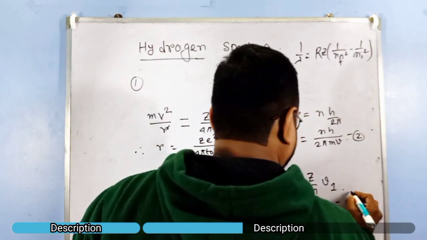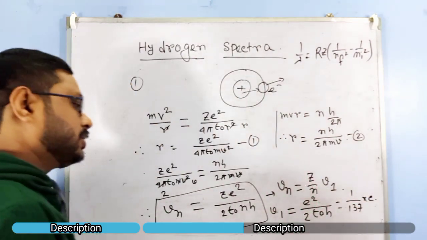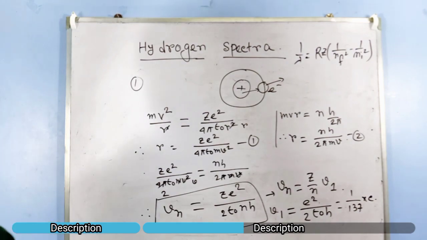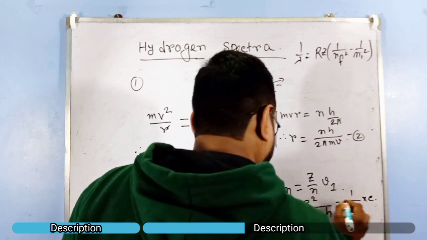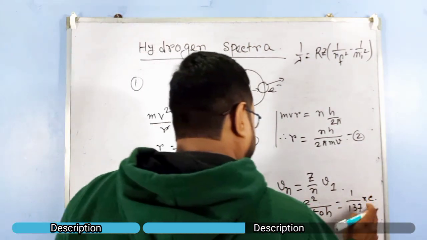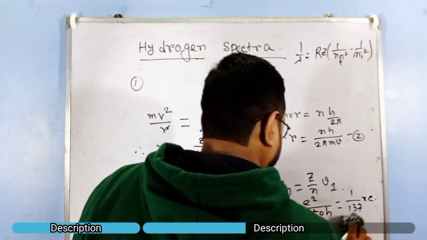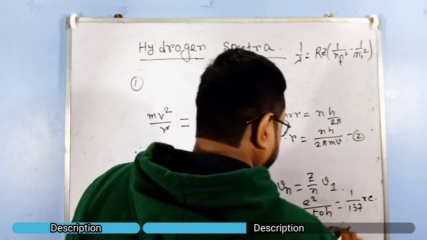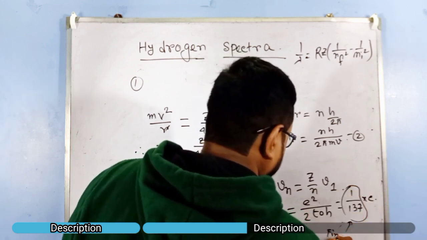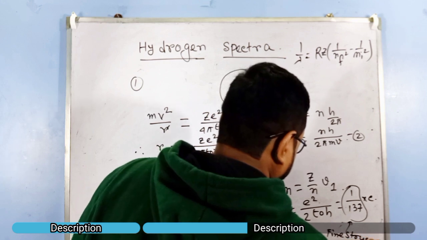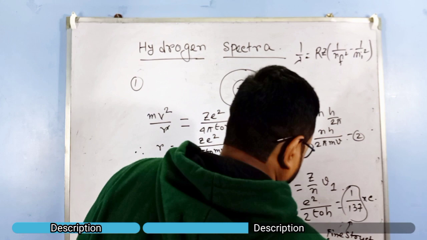It is written as 1 by 137 of c, that is 1 by 137 times the velocity of light. That is, V1 is alpha times c, and alpha is 1 by 137. This figure is called the fine structure constant of the hydrogen atom.